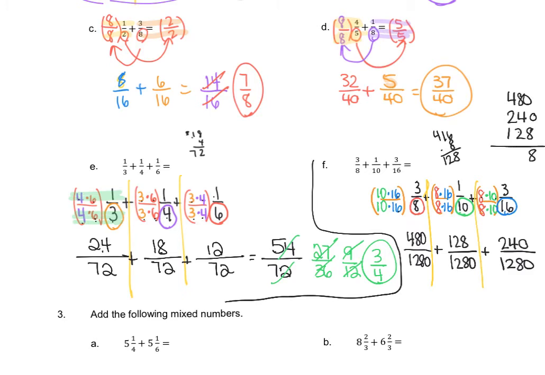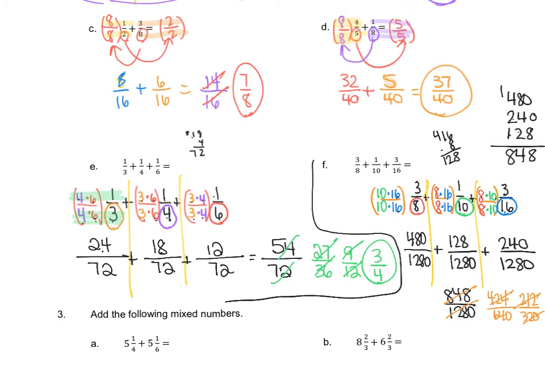8, 12, 14, 4, 6, 7, 8. I have 848 over 1280. All right, this is going to take some time to simplify, but ultimately I have two even numbers. So if I cut those both in half, I get 424 over 640. Again, I do get 212 over 320.